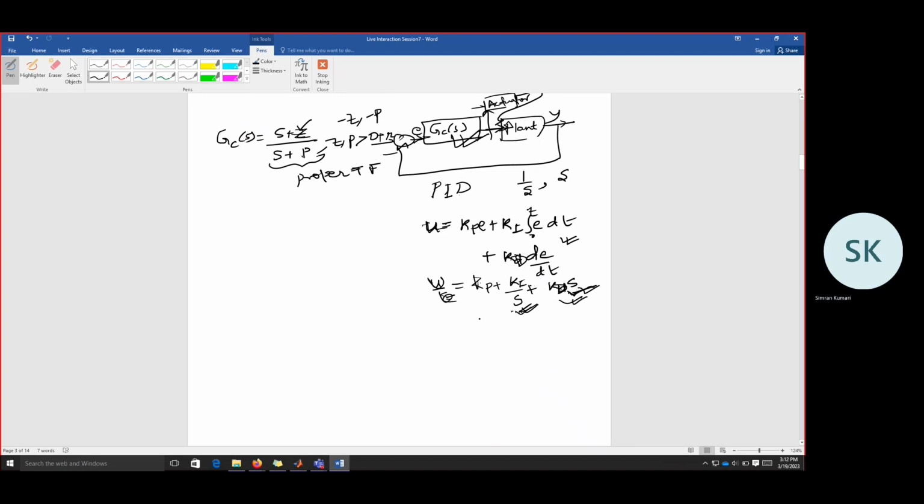So for the integral part, this is like adding a pole at origin. Now, what we say is that we'll have one zero and we'll add a pole near to origin. So we try to do this. In that case, this zero has less effect because it is far, so its effect on transient is very less and it decays very fast.